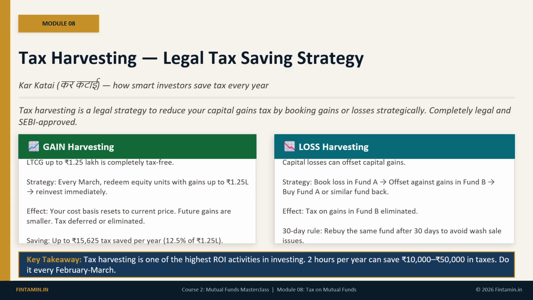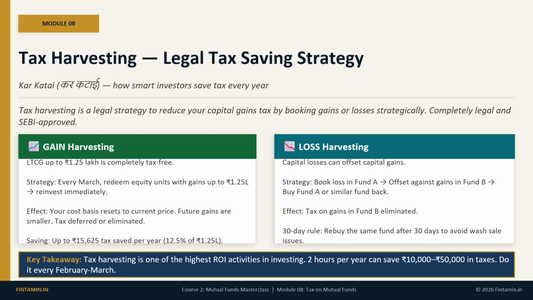Tax harvesting, the legal wealth booster. Tax harvesting is one of the most powerful and most underused strategies in Indian mutual funds investing. It is completely legal, SEBI approved, and can save you thousands to lakhs in taxes every single year.